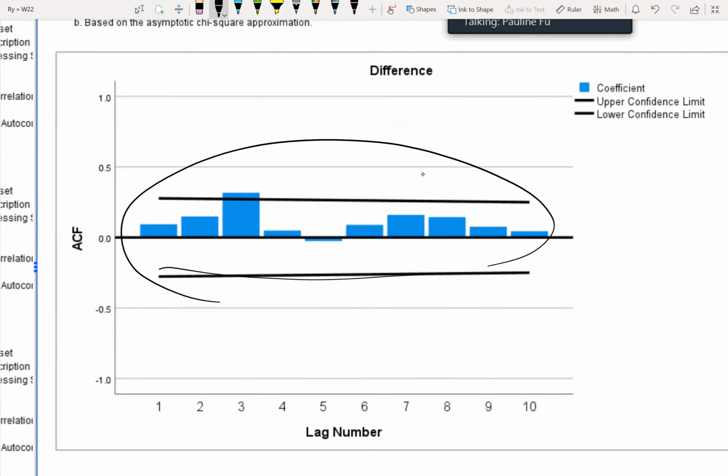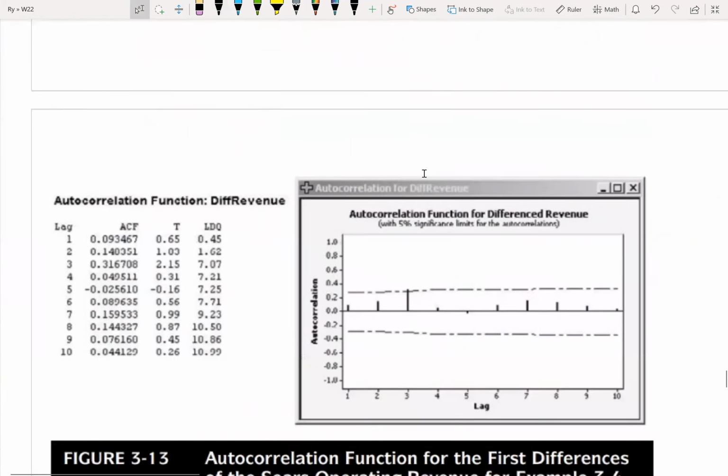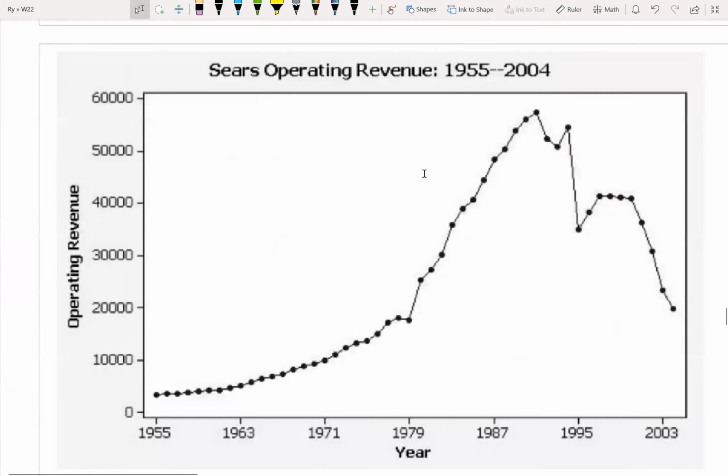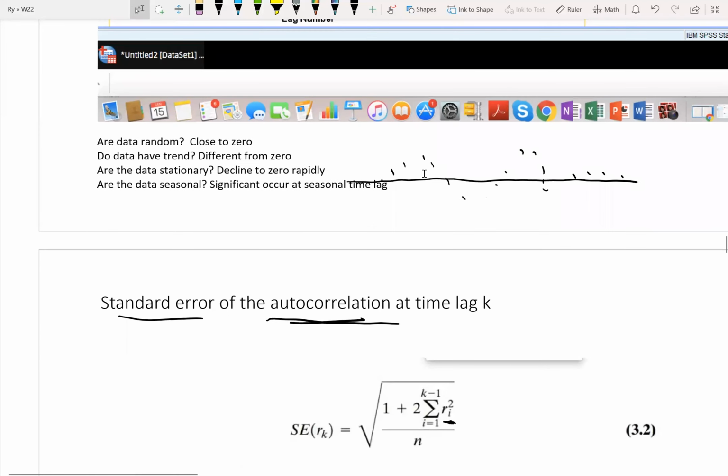If a number in this gram is beyond the limit, those are the upper limit and lower limit, that number is significant. That means it is highly correlated. And if a number is within this limit, it is not significant. We use this correlation number to answer. I give you the notes to answer commonly asked questions. This part is important here.